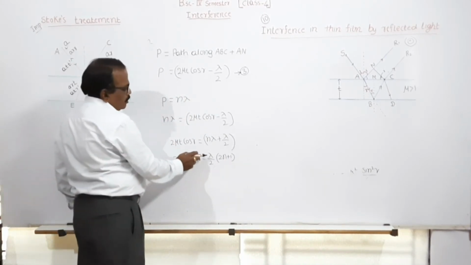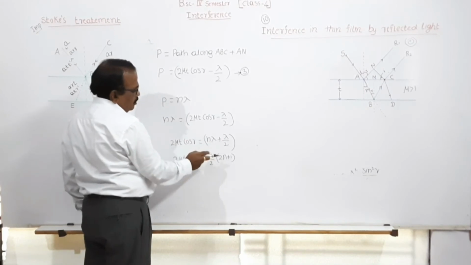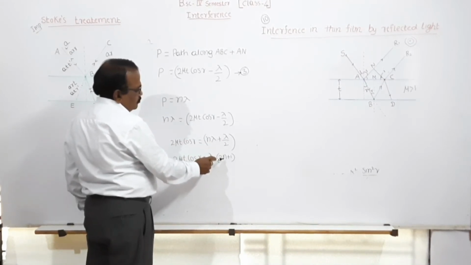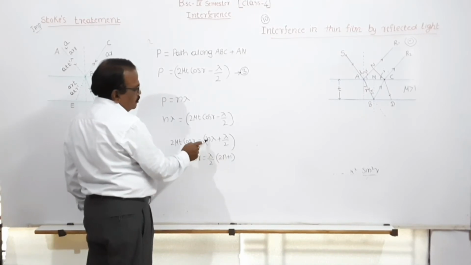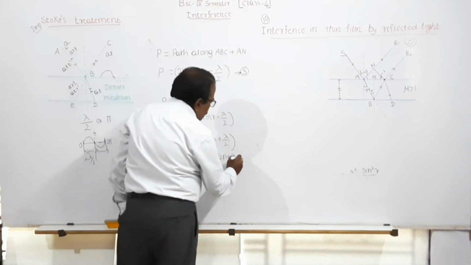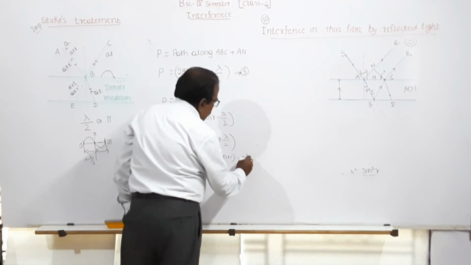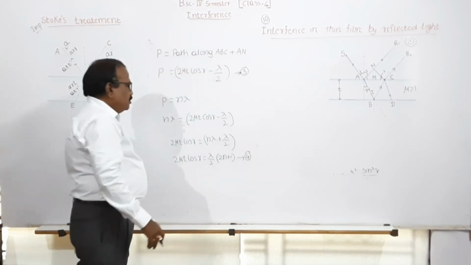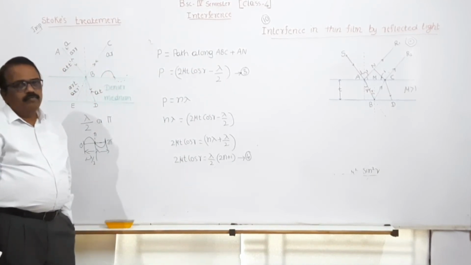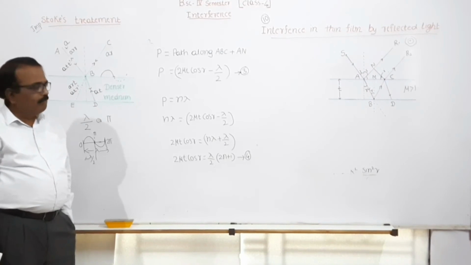So if you multiply this lambda by 2 to this one, this is lambda by 2, means 2 gets cancelled, it is n lambda, then this is lambda by 2. This is equation 4. So equation 4 represents the condition for constructive interference.